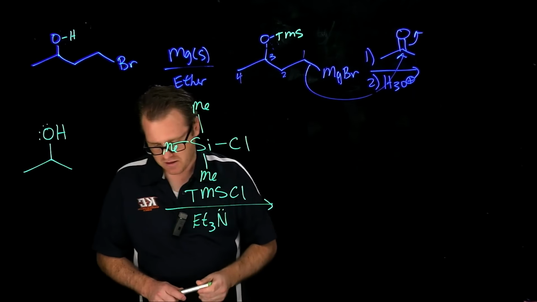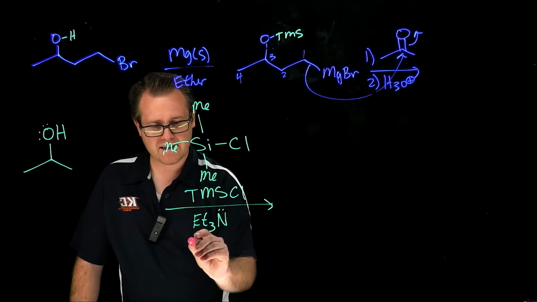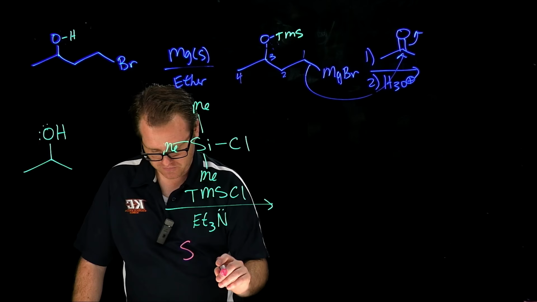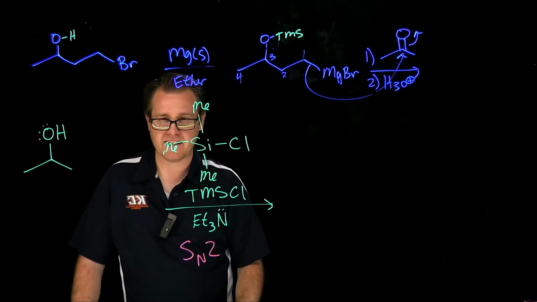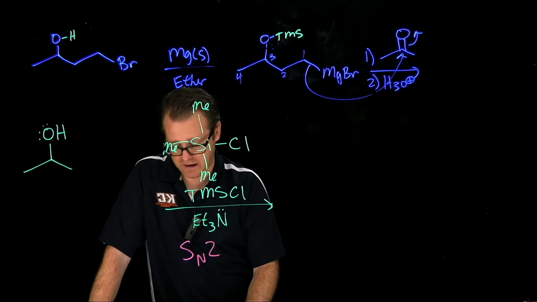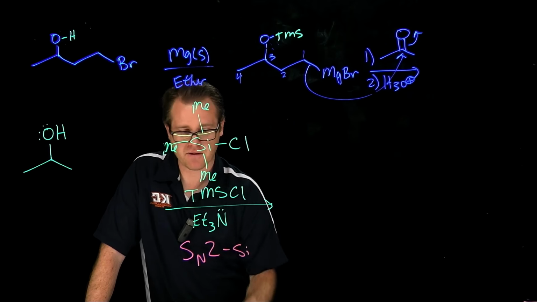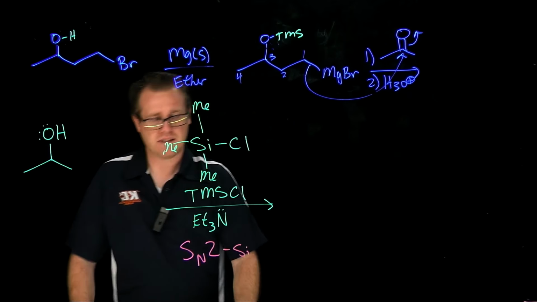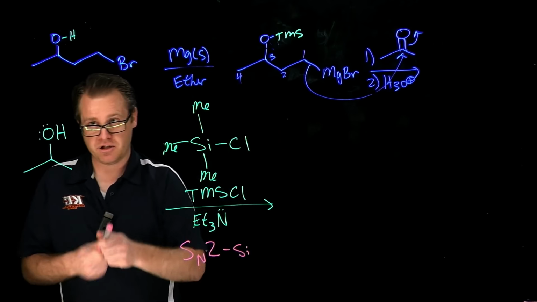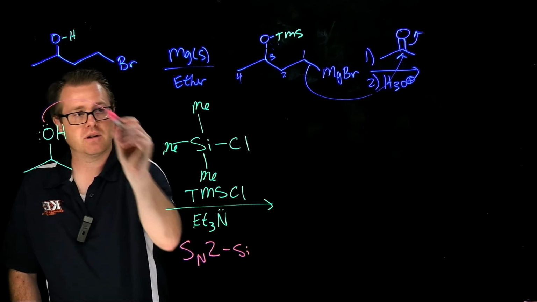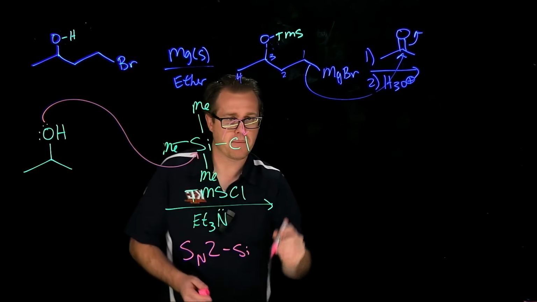The way we describe the mechanism is that we say it's SN2-like, or we could just say it's SN2-Si, for silicon. Because what's happening here is that this is proceeding via an SN2 mechanism. So the alcohol is going to come in and kick off the chlorine like that.